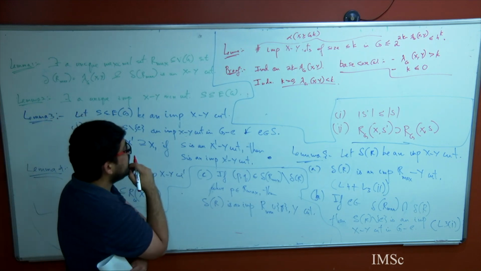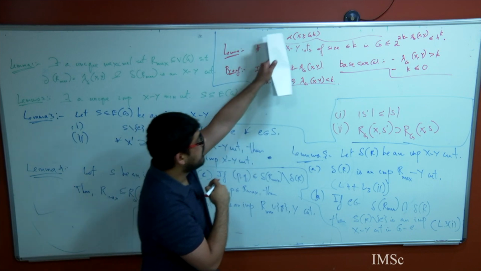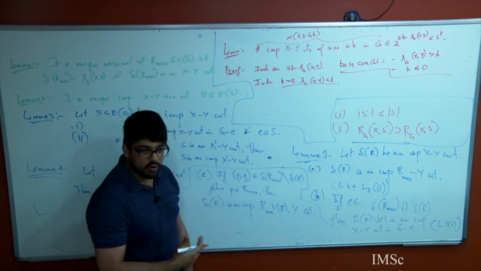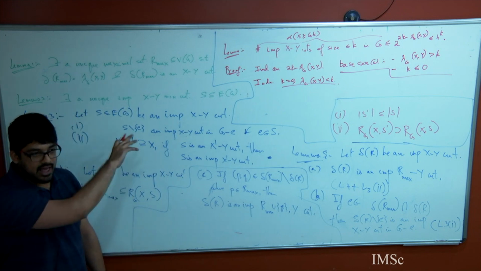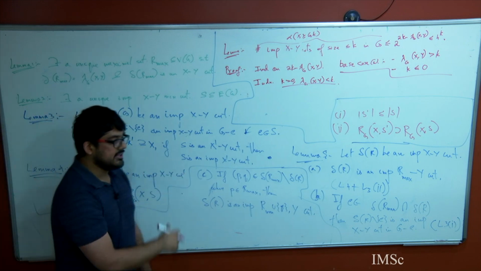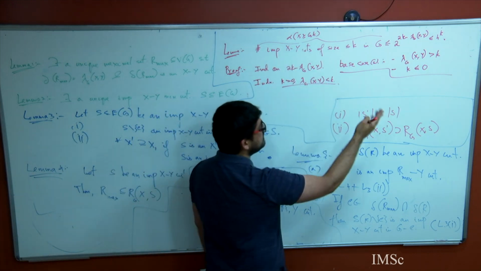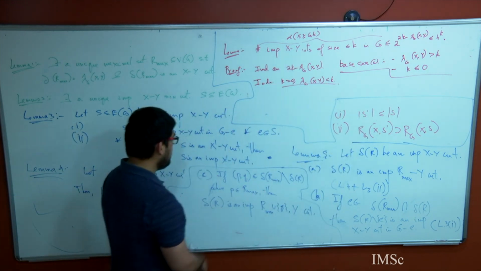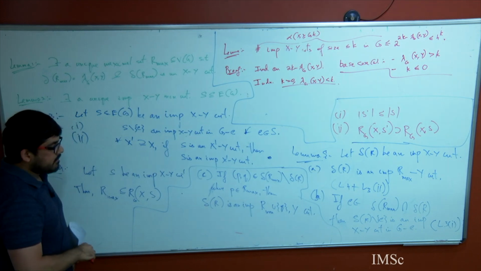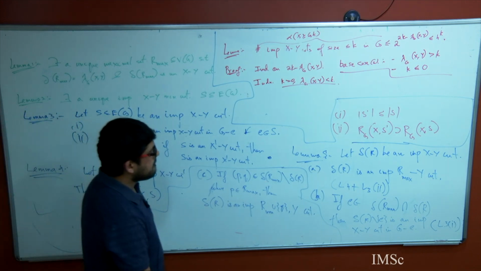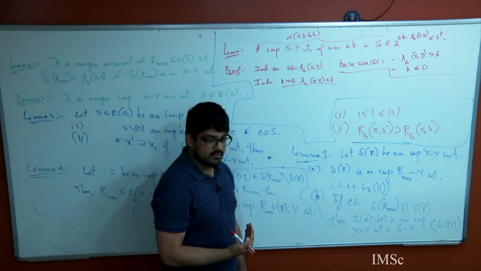So let's look at all cuts in alpha. I know alpha is a number, but I hope it's clear when I say all cuts in alpha x, y, g, k, I'm going to use it as a set as well. The set of all important x, y cuts of size at most k in G. Let's look at one such cut, and let's compare it with R max.